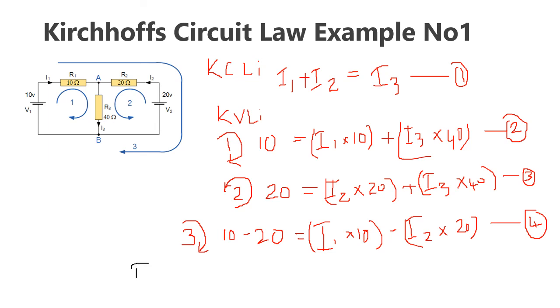I1 will be equal to minus 0.143 ampere. I2 will be equal to 0.429 ampere.